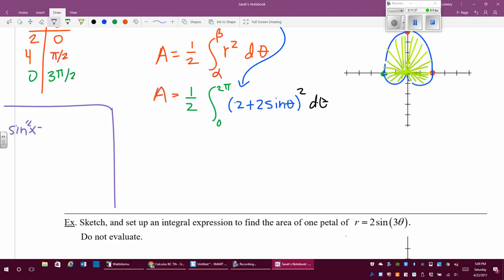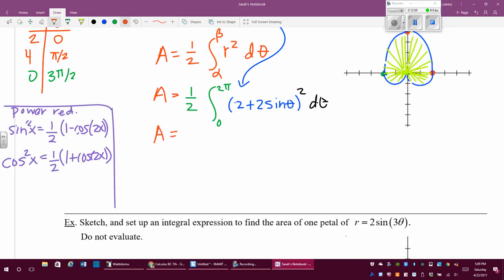And remember that sine squared x is equal to 1/2 (1 minus cosine of 2x), and that cosine squared x is equal to 1/2 (1 plus cosine of 2x). And these are my power reduction identities.